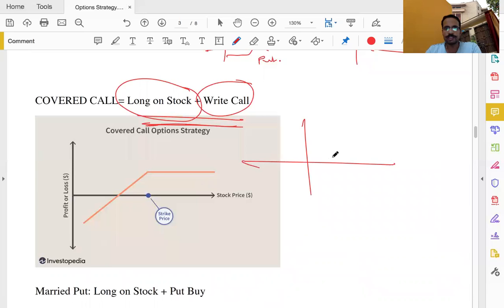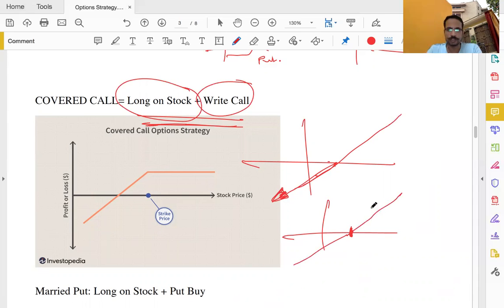Because if I'm long the stock and the stock price goes up, my typical payoff line will be like this. If the stock price goes down, it won't go below zero. So let us say this is the stock price at which I bought, and if it goes down, I make negative profit also. That's true.